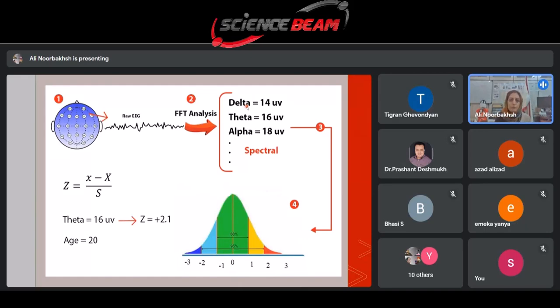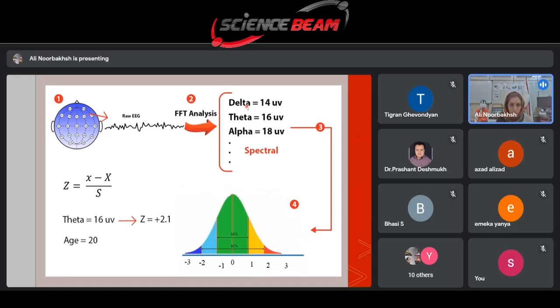This number will be compared with the normative database. It's very important, because in this software there is a normal database, and we can compare with it.